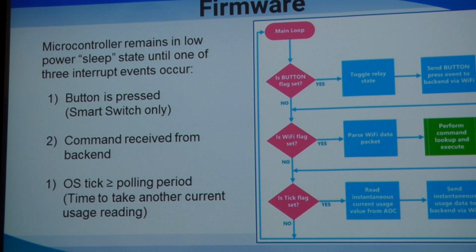Any one of these three events occurring will wake the device up, perform the required action, and then return back to sleep. The idea being we don't want our current measuring hardware to use more power than it's monitoring. So it's as low power as possible.